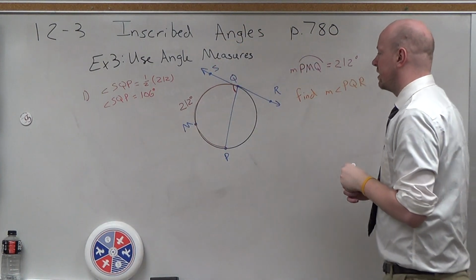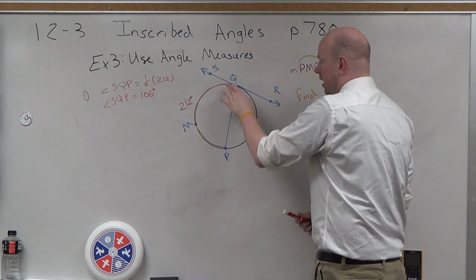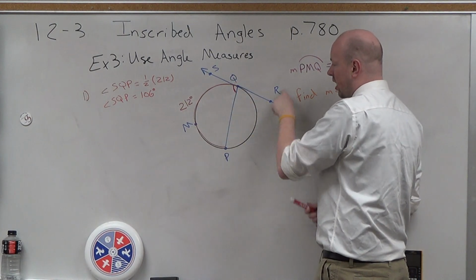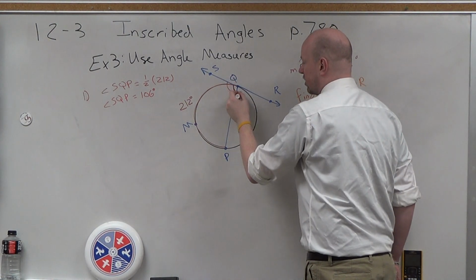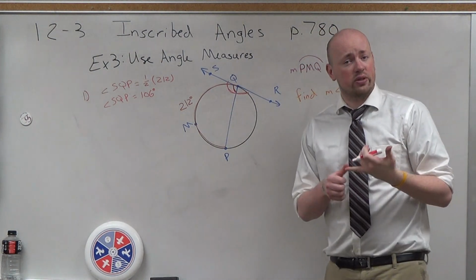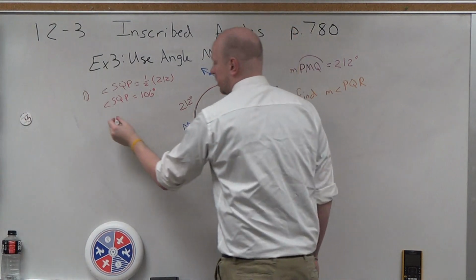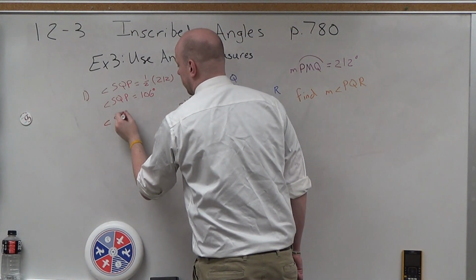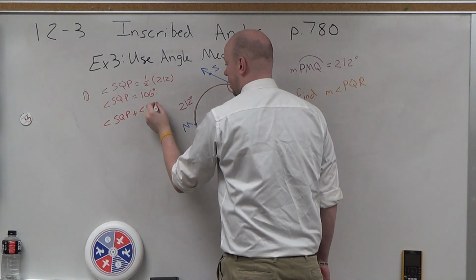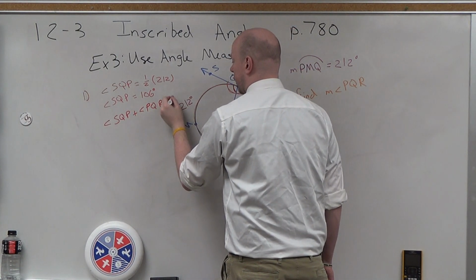And then we have to say that angle SQP and PQR as a total form a line. So in total they have to be supplementary, so 180 degrees. So angle SQP plus angle PQR equals 180.